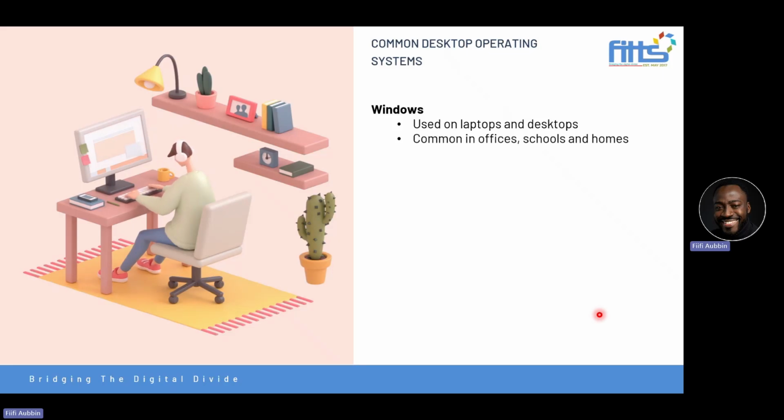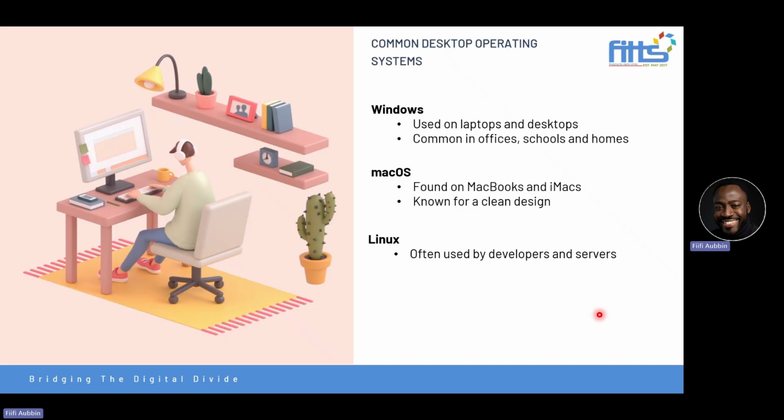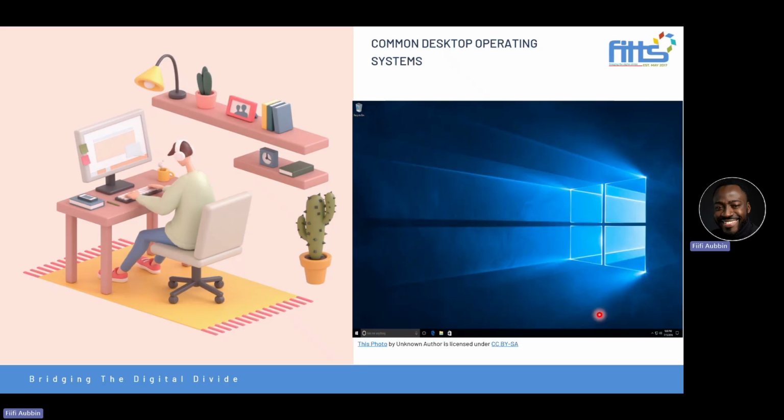Then macOS is used on Apple computers, found on MacBooks and iMacs, and known for a clean design. Last but not the least is Linux, an open source operating system often used by developers and servers, and it's also available on personal computers. So even though they look different, they all perform the same basic role.